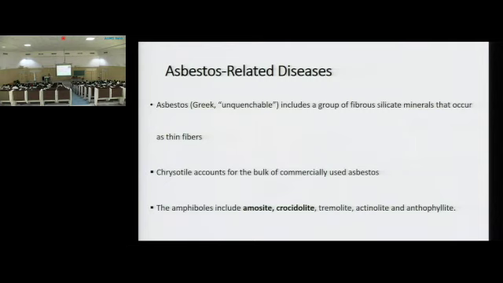Chrysotile accounts for the bulk of commercially used asbestos material, and the amphiboles include different forms like amosite, crocidolite, tremolite, actinolite, and anthophyllite. Remember these things. They are amphibole forms. They are difficult to pronounce also, but you have to remember these are the amphibole forms and the chrysotile form.